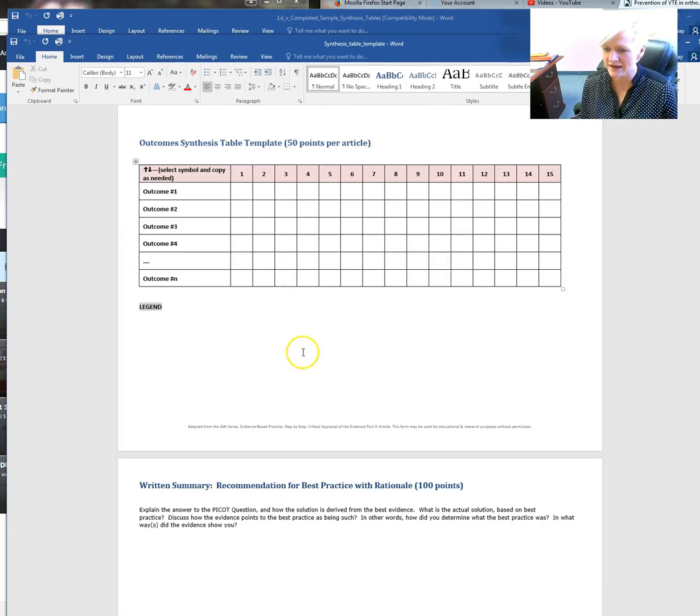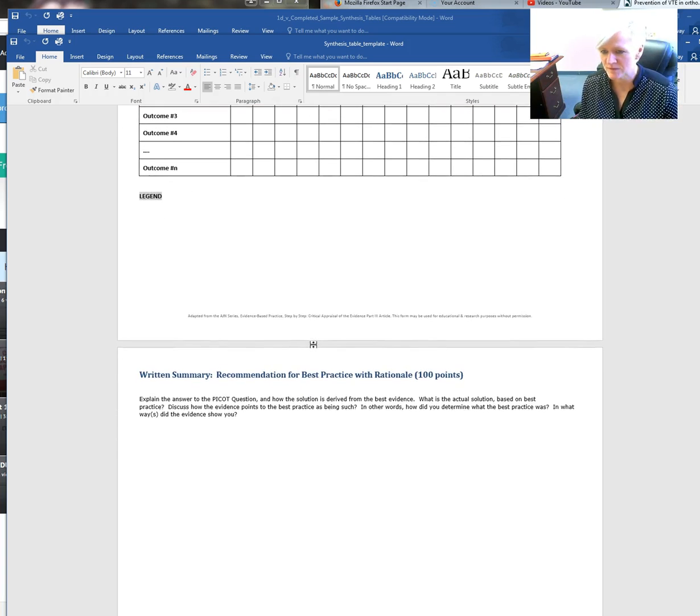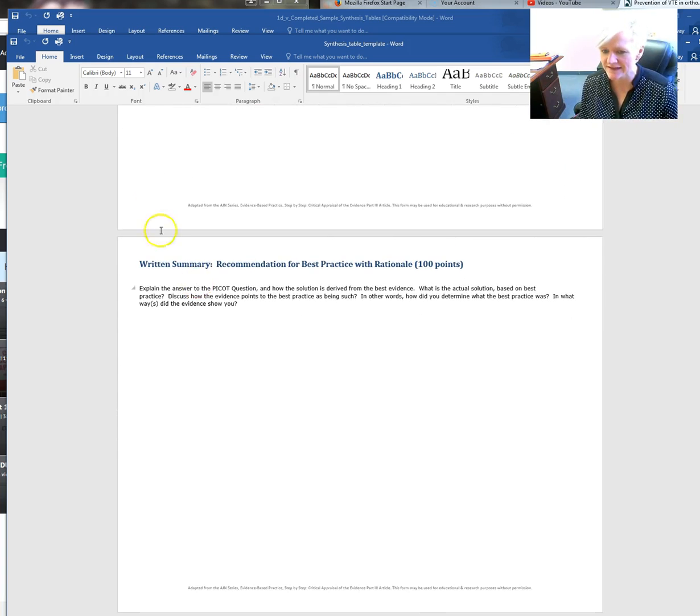So we'll go back to the blank one, the template, and at the end of those 2 tables, then you're going to have just a little written summary. It's talking about your PICO question, what's the answer to it, and how would you find your data. Based on best practice, what's the best solution for it?